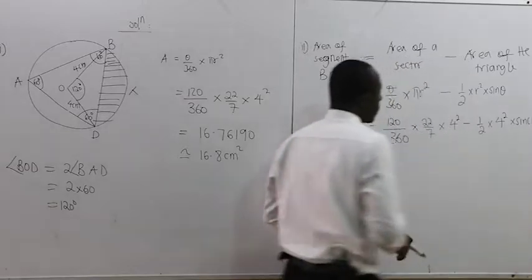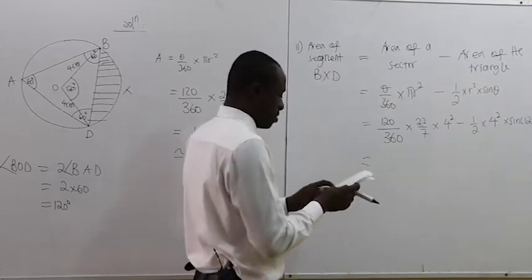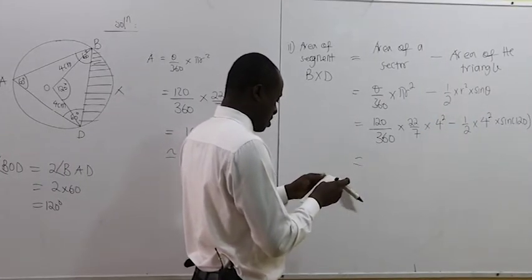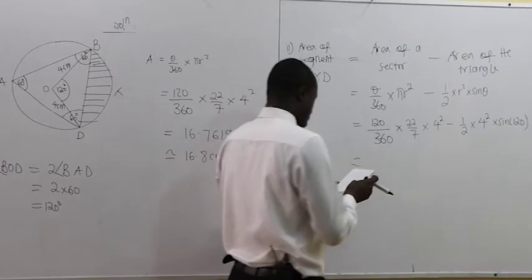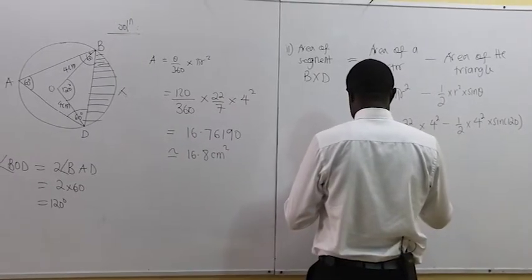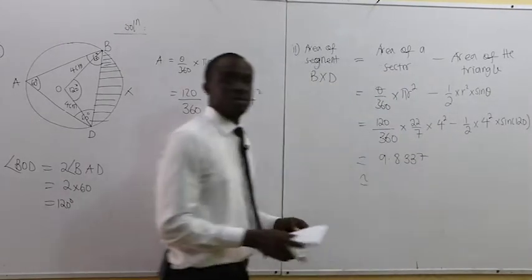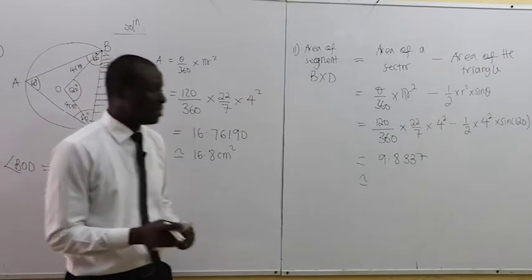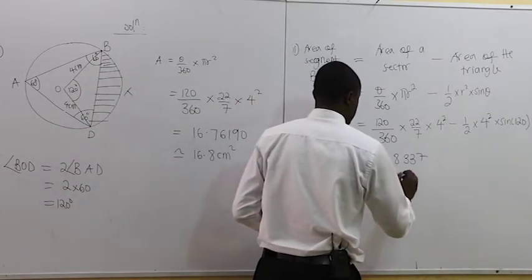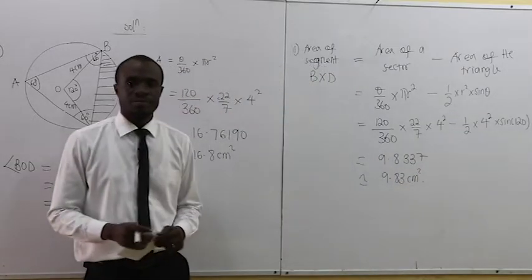When you punch this on the calculator, we are getting 9.8337. Let's leave it to 3 significant figures: first, second, third. That's 9.83 centimeters squared.